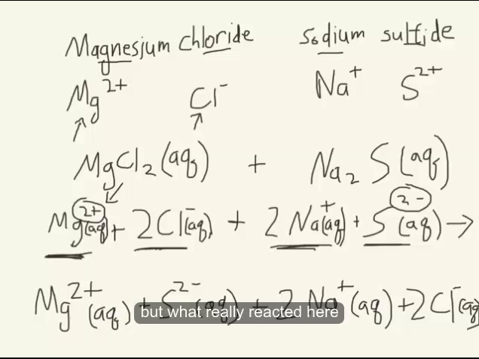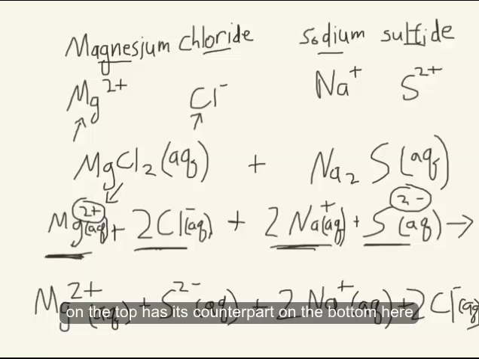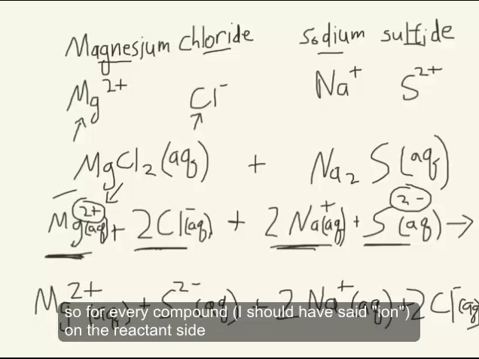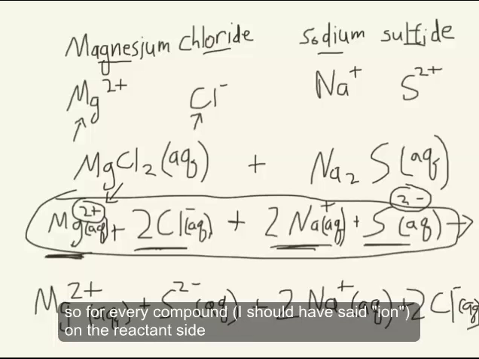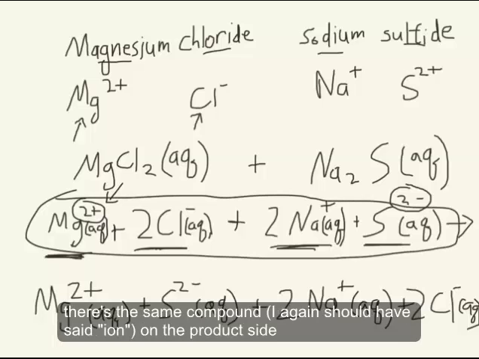But what really reacted here? Nothing. We just have ions mixing together. Notice that everything on the top has its counterpart on the bottom here. So every compound on the reactant side has the same compound on the product side.